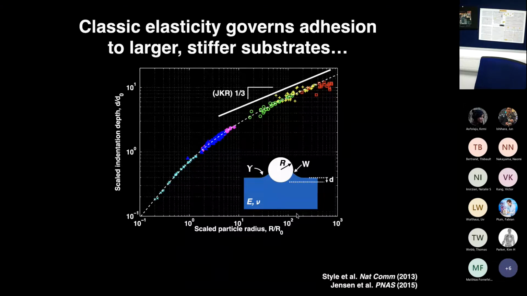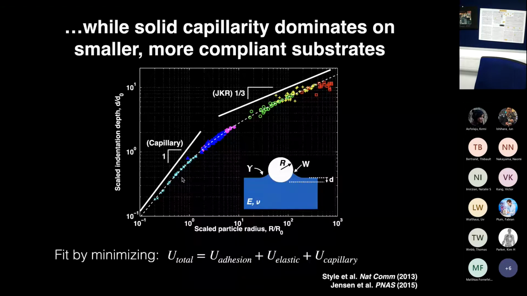And what we see is for the larger and stiffer spheres, you do get this scaling that JKR predicts, that the spontaneous indentation depth scales as r to the 1/3 power. But as you approach really soft but still solid materials, we actually recover the capillary wetting, adsorption-like behavior where the indentation depth is directly proportional to the radius.